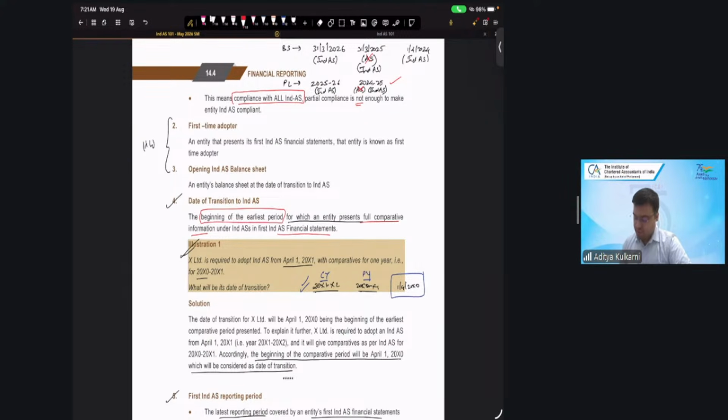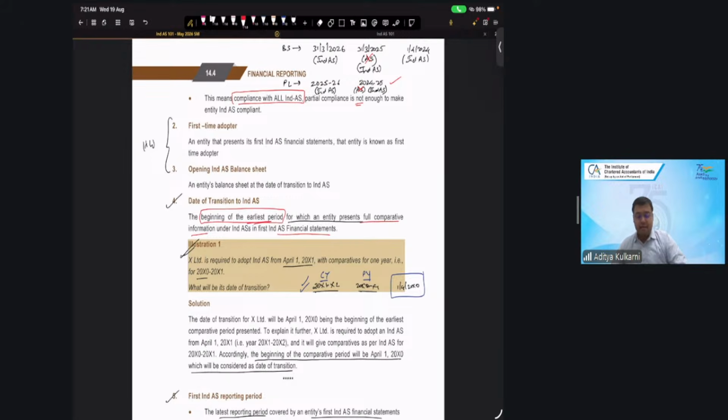Okay. So if we look at the definition, it is the beginning of the earliest period for which an entity presents full comparative information under Ind AS in its first Ind AS financial statements. So, the beginning of the earliest period does not just confine itself to the beginning of the previous reporting period.